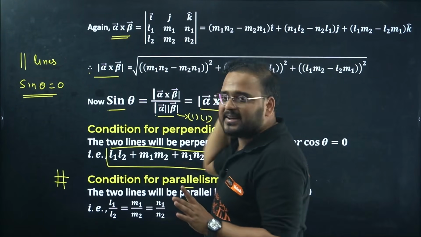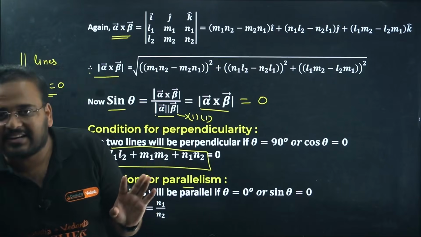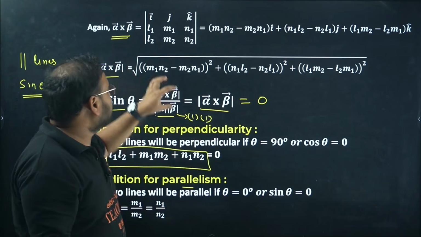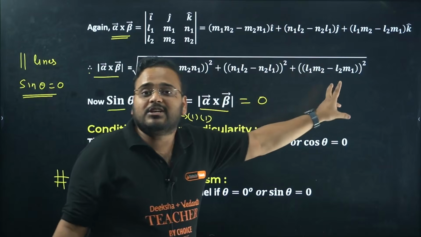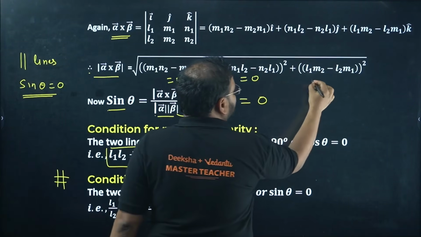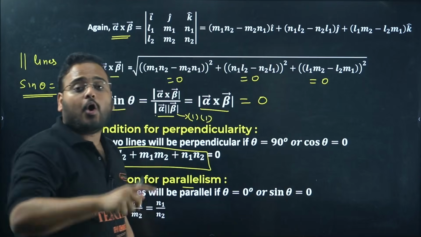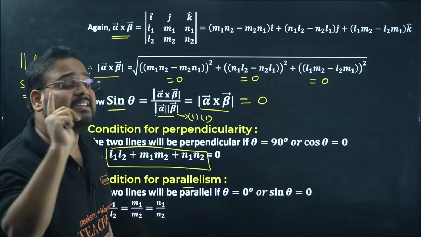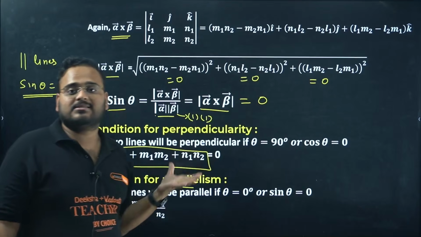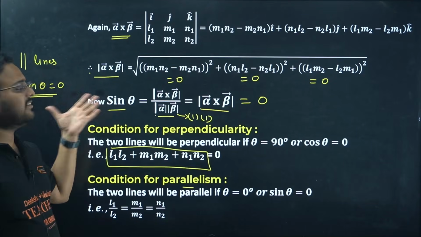Because these are squares, squares are never negative, which means you cannot add them to get 0 unless they are individually 0. So this will be 0, this will be 0, and this will be 0 at the same time. All three have to be 0 at the same time. Then only we can say that mod of A cross B is 0. Then only I can say sin theta is 0.